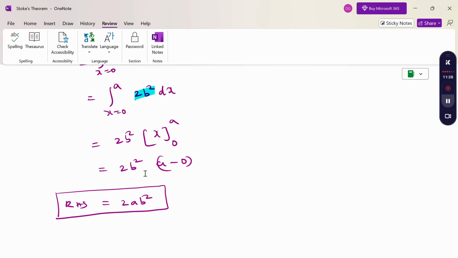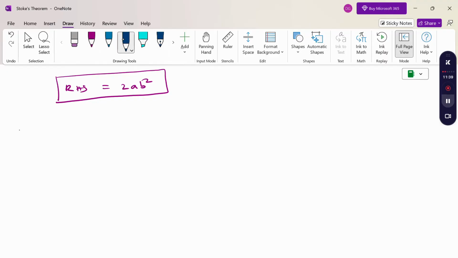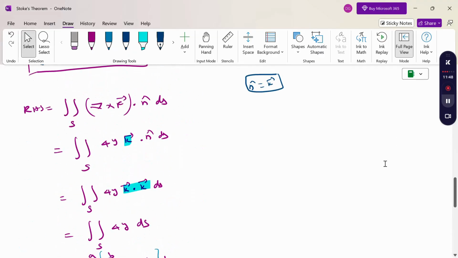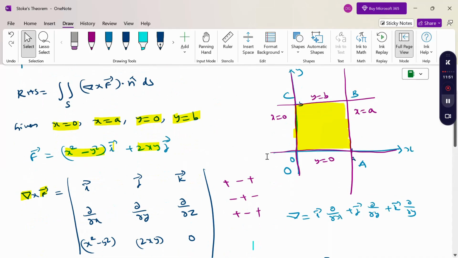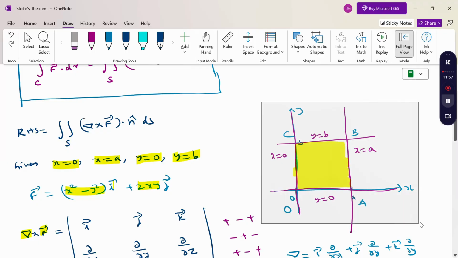Now to find the left hand side: if we get the same value 2ab square, then the given f vector verifies Stokes theorem. Now consider the left hand side, the integral over c of f dot dr, f vector dot dr vector. Now see the picture. This is a rectangular region.